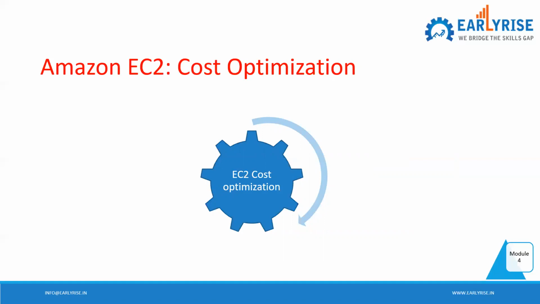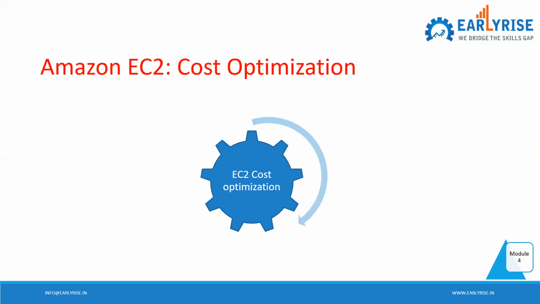We don't want to invest a capital amount, we just want to pay operational expenses, which is the reason we are going to the cloud. If we end up paying too much as an operational expense itself, it will be of no use moving to cloud. So we should always be concerned about how much we are paying and for which services, and we should always try to optimize the cost.